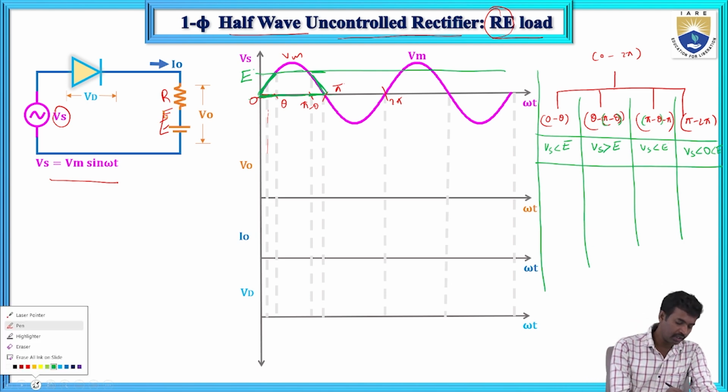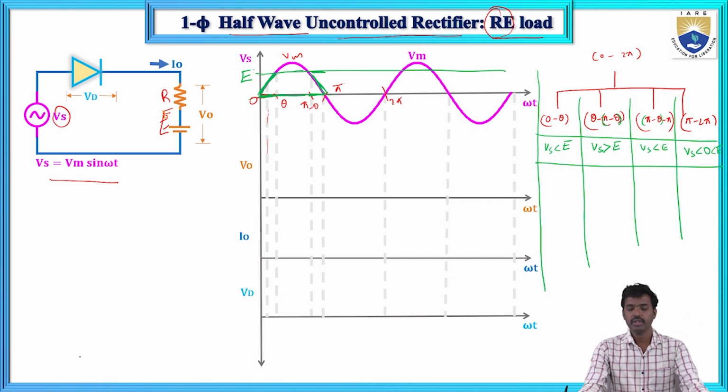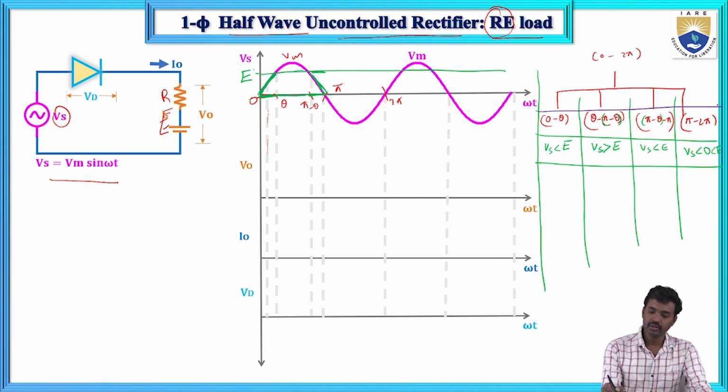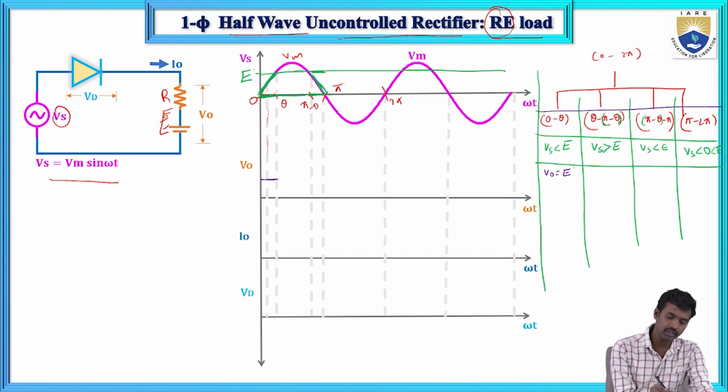Now when Vs is less than E, the output voltage V0 equals E only, up to theta.